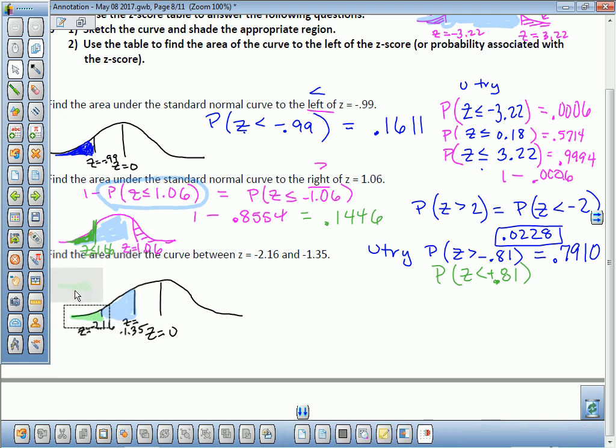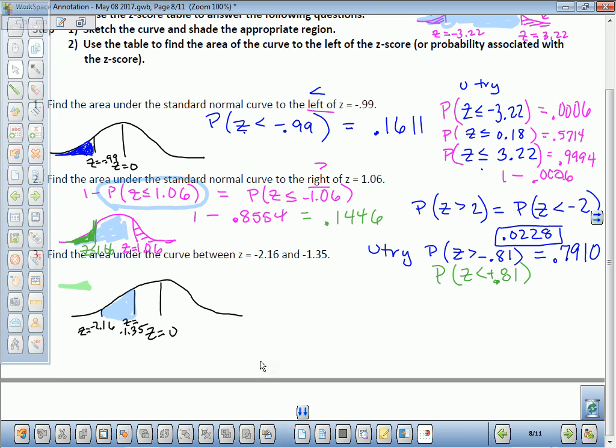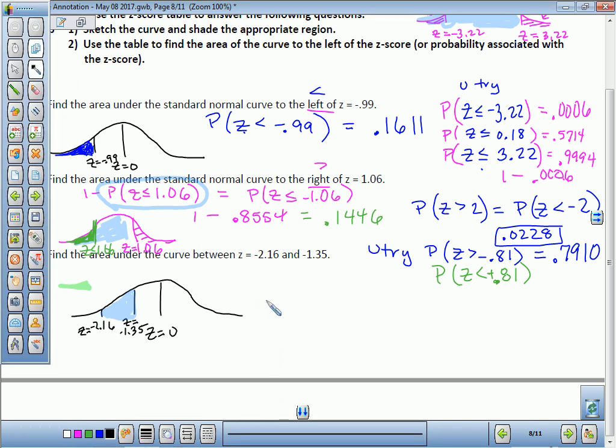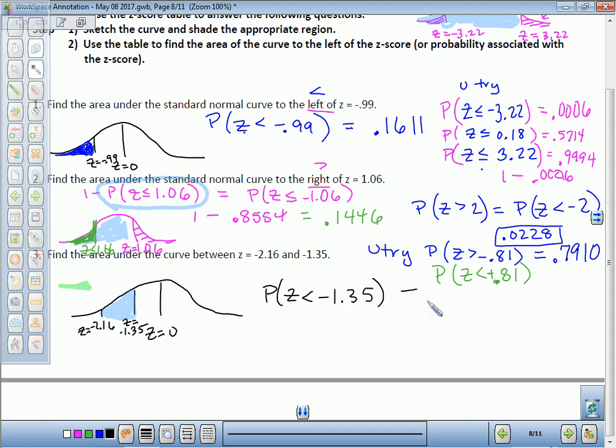So we want this to go away. How do you make stuff go away? Subtract. So what we're going to do is take the probability that the z-score is less than the bigger number, which in this case is this, and subtract away the probability of the smaller one. And that gives us what's in between.